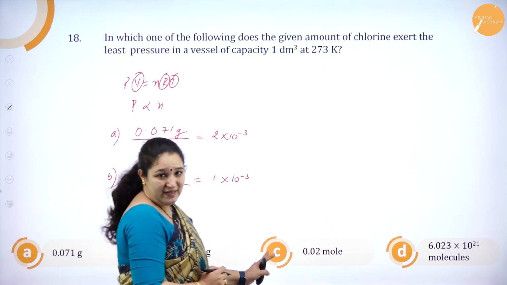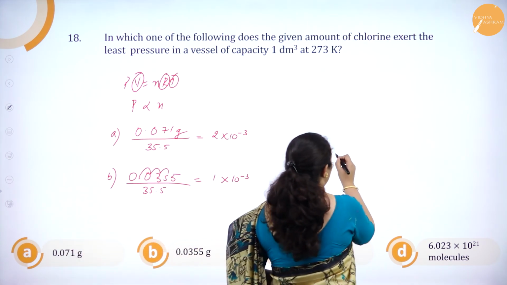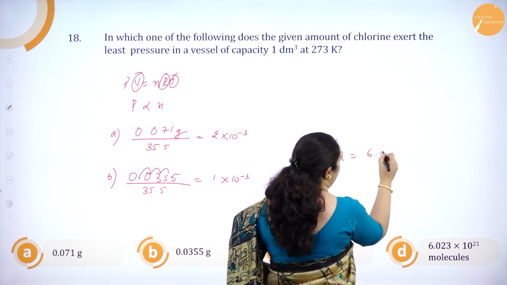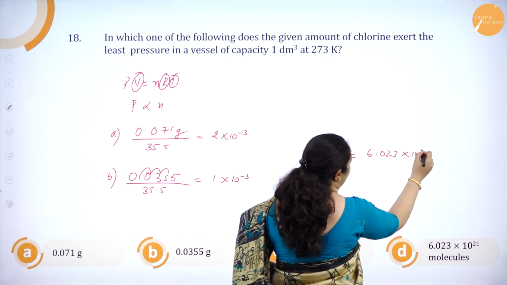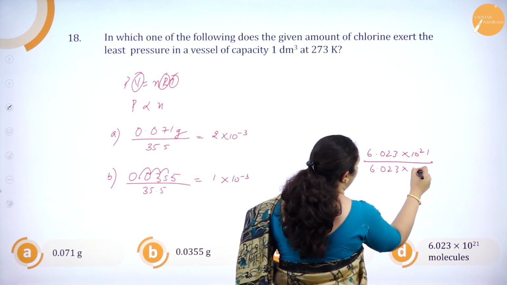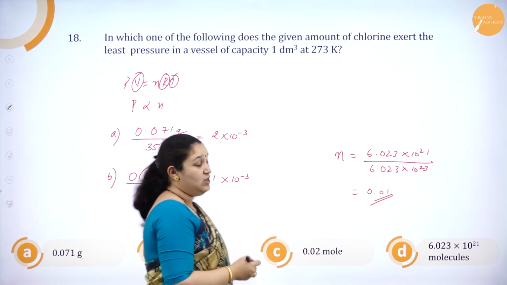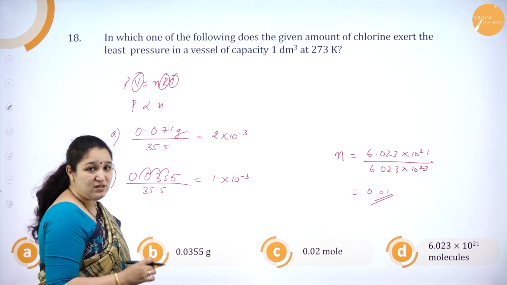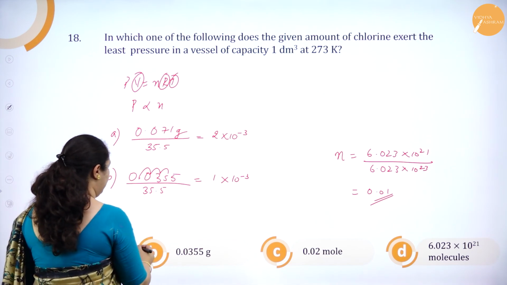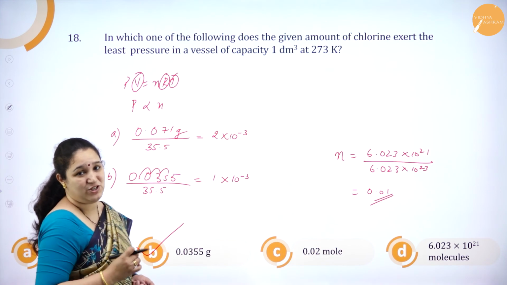Option C, it is directly given, 0.02 moles. Option D, they have given the molecules, so for number of moles, it is 6.023 into 10 power 21 divided by Avogadro number 6.023 into 10 power 23. This is again 0.01. Correct? So which is having the least number of moles? It is option B. So option B is the one which will exert the least pressure.